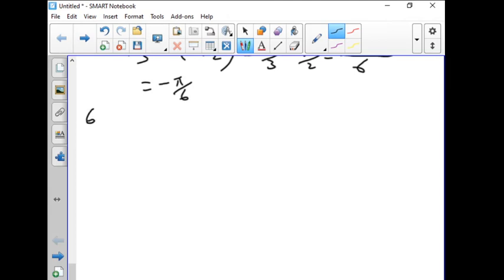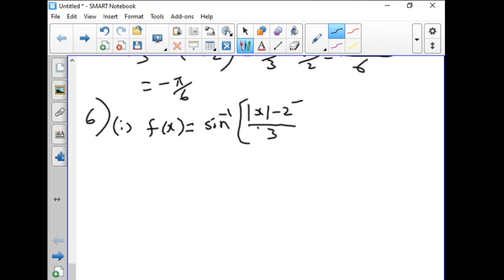Now, going to sixth question. Sixth question, first one. f of x is equal to sine inverse of modulus of x minus 2 by 3 plus cos inverse of 1 minus modulus of x by 4.